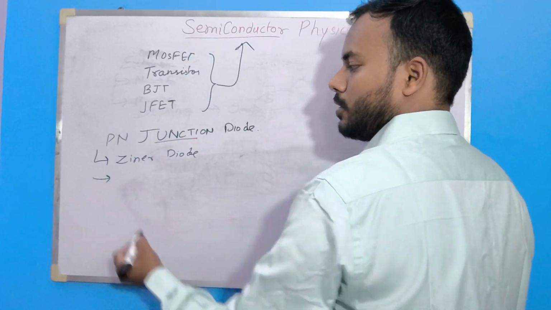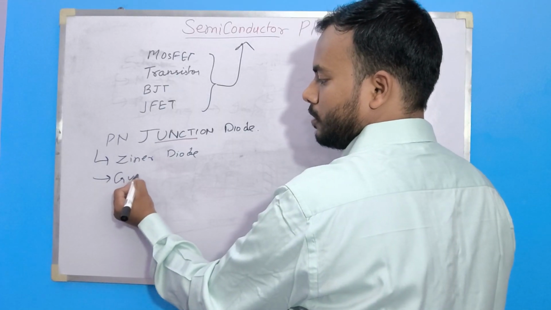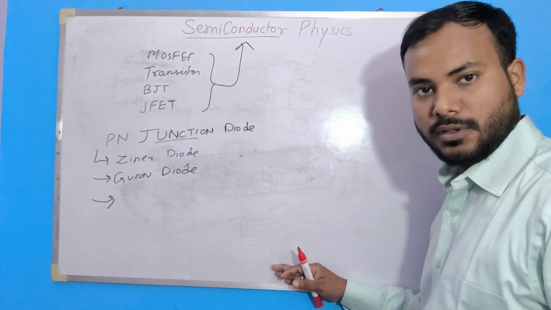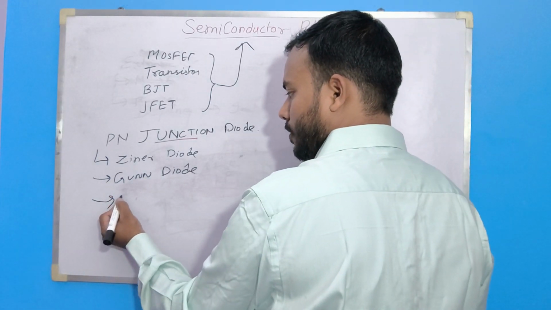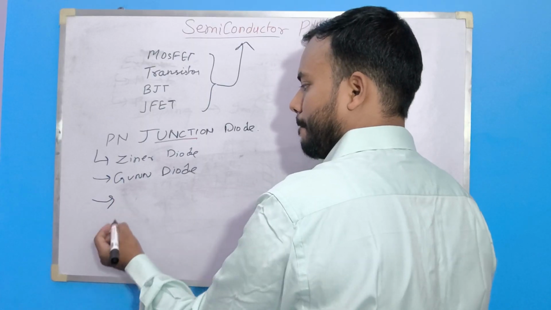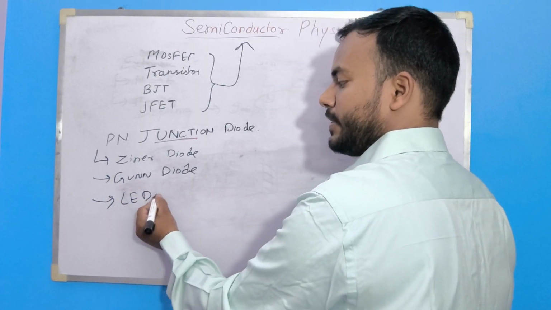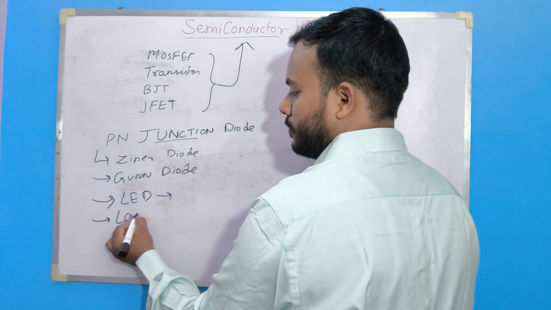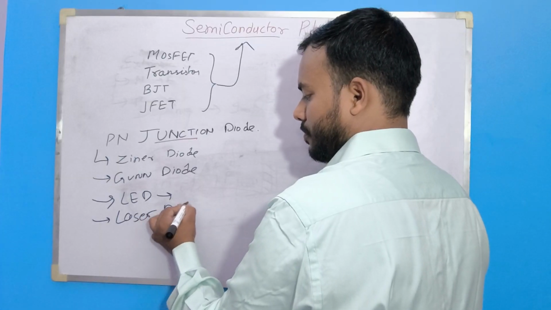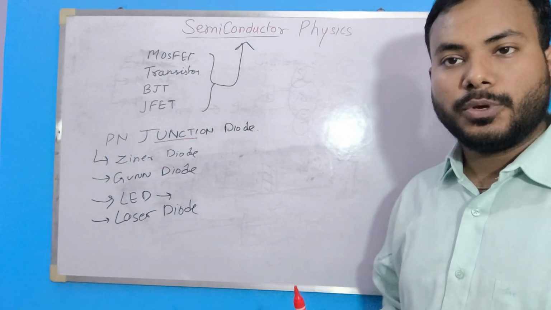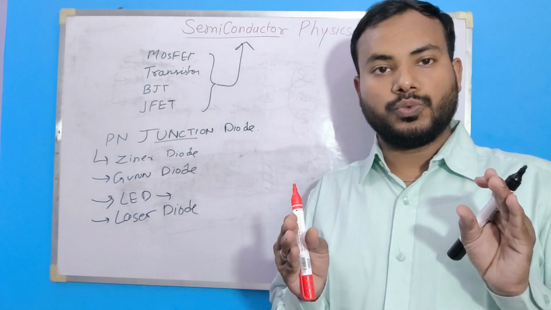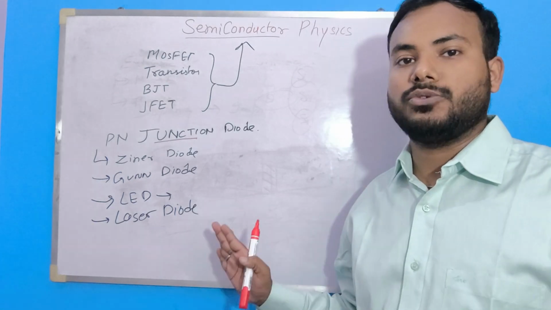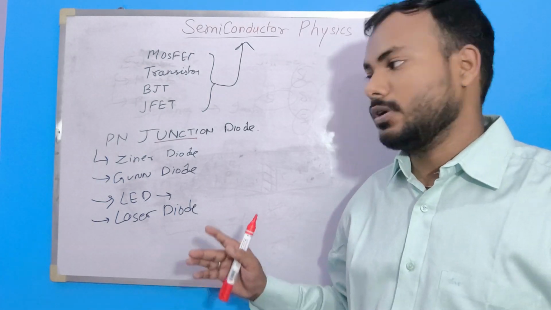We have Gunn diodes, and we have LED, that is known as light emitting diode, laser diode, etc. Because whenever we combine two different n-type and p-type materials and they fuse together, it will make a diode, and this diode has different properties for different uses.